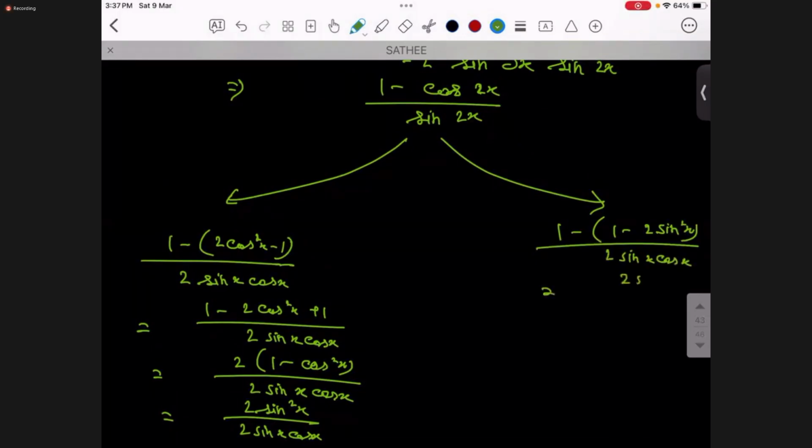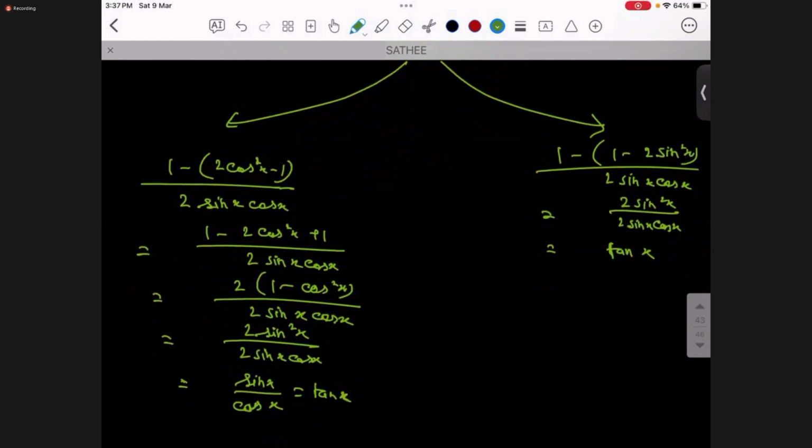We obtain 2 sin square x divided by 2 sin x cos x, which will give us, clearly you can see, tan x. Okay. Now you can clearly see, just using any formula of cos 2x, we can obtain the answer. That is, the expression will be equal to tan x.